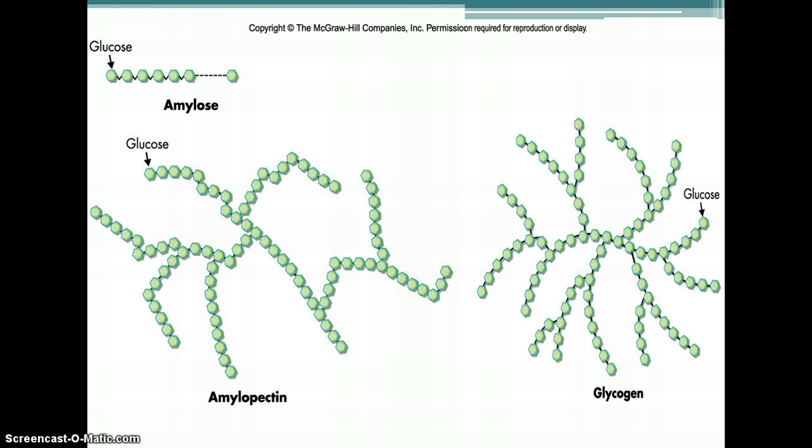And there again we see that glycogen is very similar to the amylopectin molecule. Now the reason why this is important is that each one of these endpoints represents an area at which an enzyme can break down these highly branched molecules.